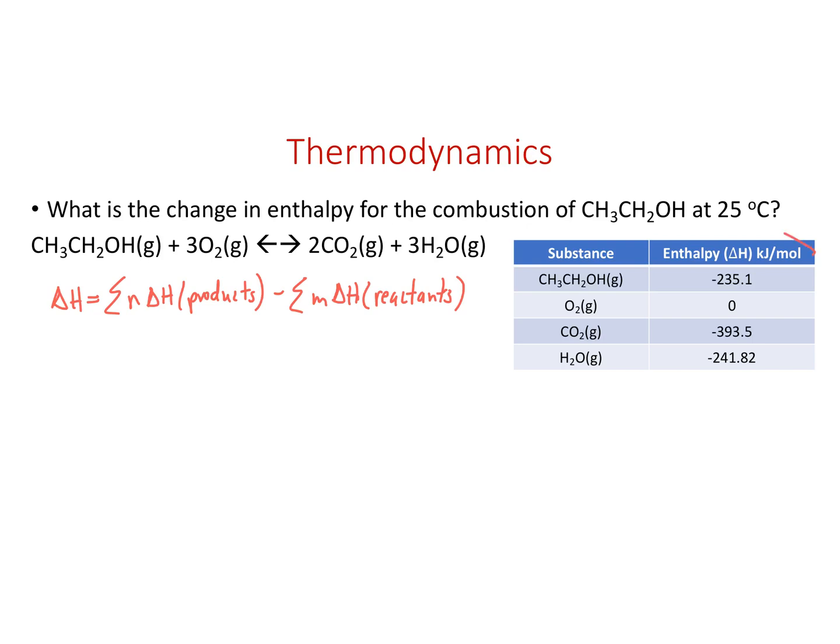And again, I provided those delta H values. In an exam situation, I would just provide you with the values, the delta H or the entropic values or the free energy values for that calculation.